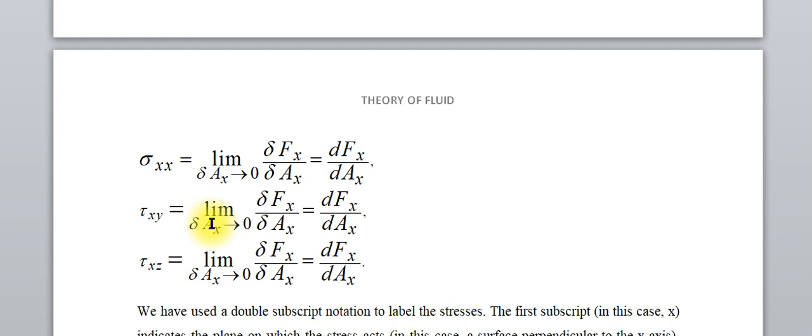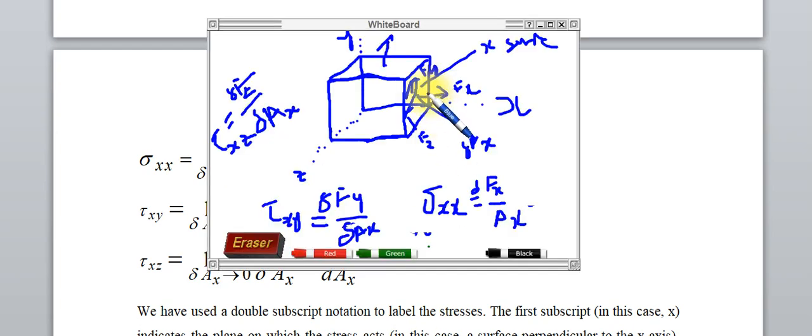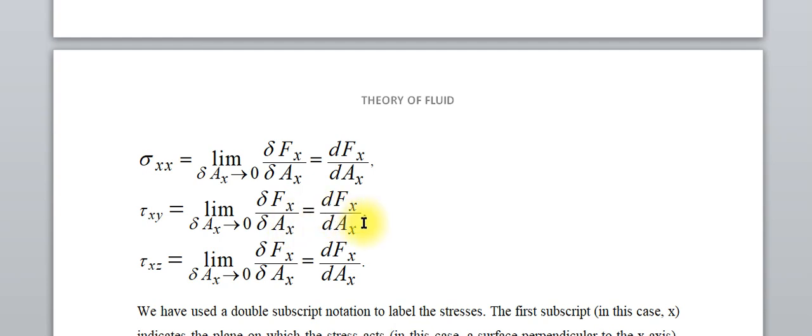And similarly, this is actually the x plane in x direction, so that's why we have considered this as a normal stress. X plane in y direction, I have already discussed. So these are the x shear stress in x plane in y direction, and this is the x plane in z direction.